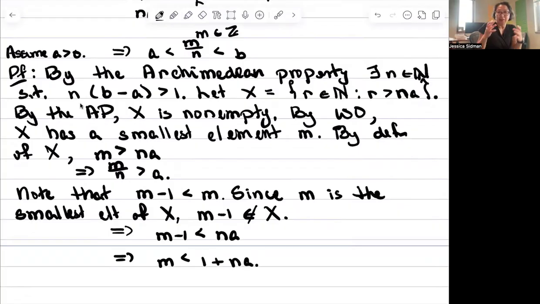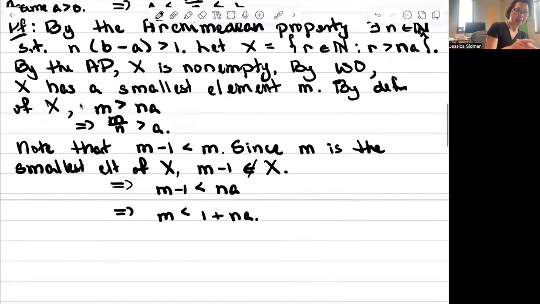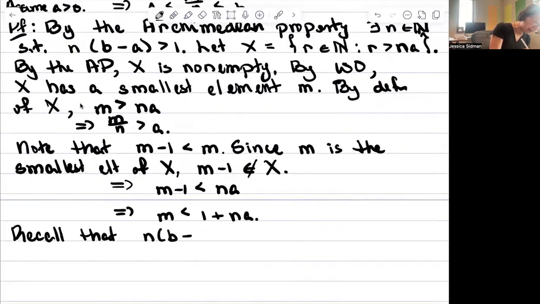All right, so what do I do now? Well, remember, I defined little n by saying that it satisfies this property, that n times b minus a is greater than 1. So let's use that. Recall that n times b minus a is greater than 1.